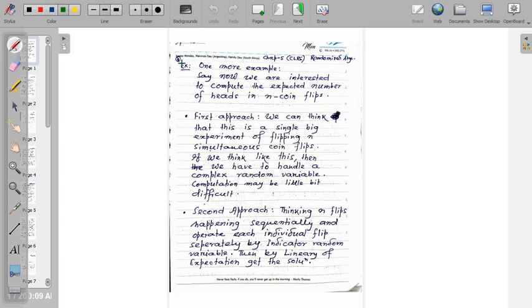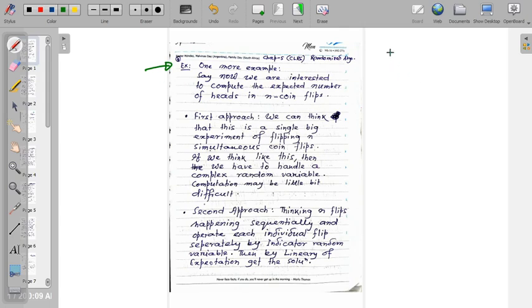One more example: we have seen that when flipping two coins simultaneously, we can decompose it into simpler experiments and find the expectation by summing up all these simpler experiments. Here is one more, more general example.